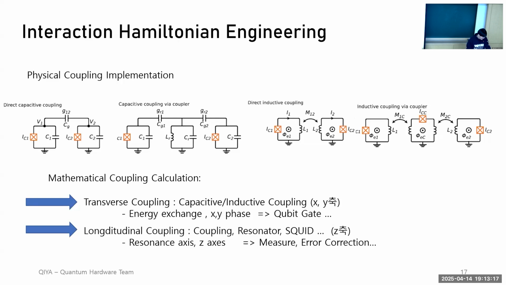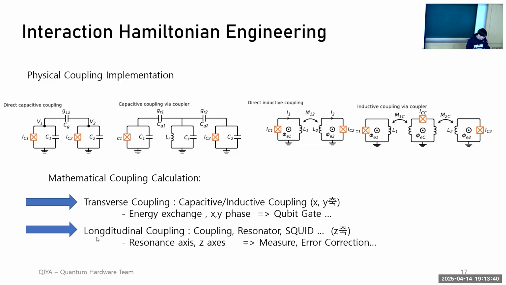So there are some kinds of couplings. First one is transverse coupling. Capacitive and inductive coupling makes this kind of transverse coupling. It can make energy exchange and change the XY phase, so it can make the qubit gate.